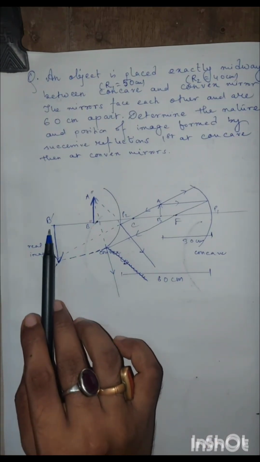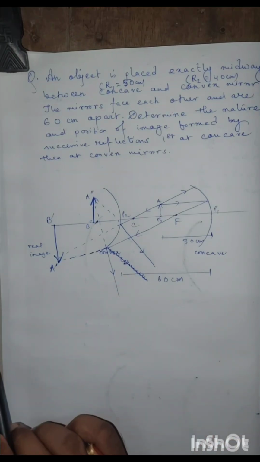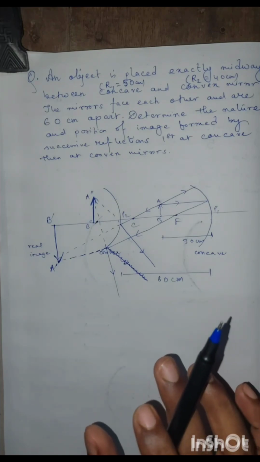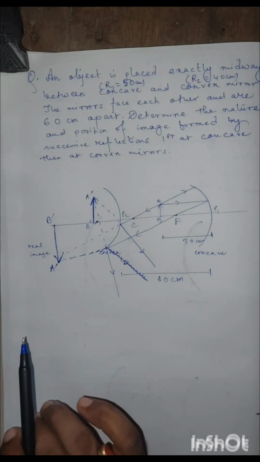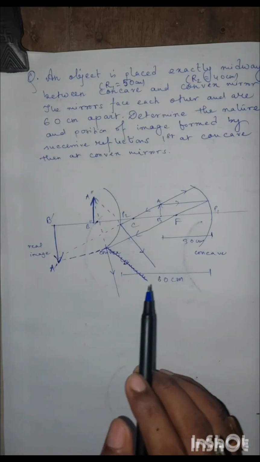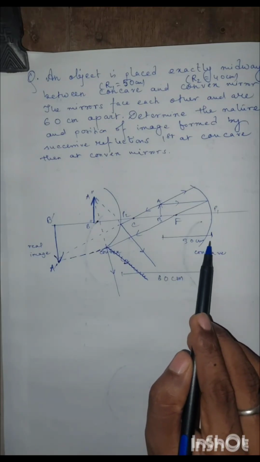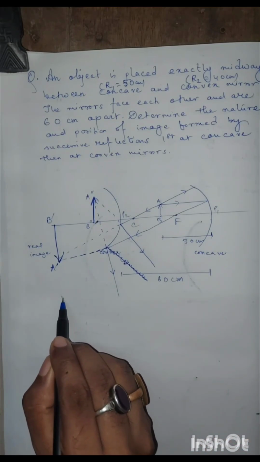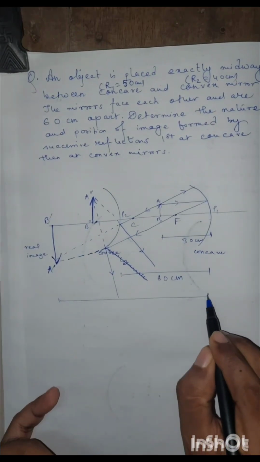So A dashed B dashed is the real image of AB. So if we consider only the reflection by the concave mirror, we can say this is our object distance and this is our image distance.